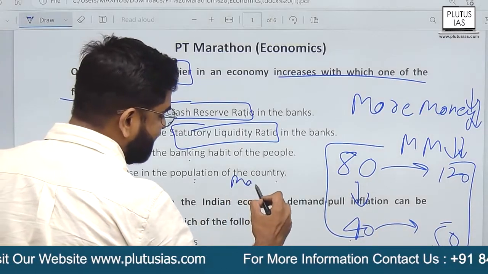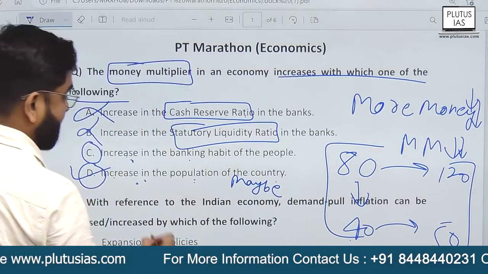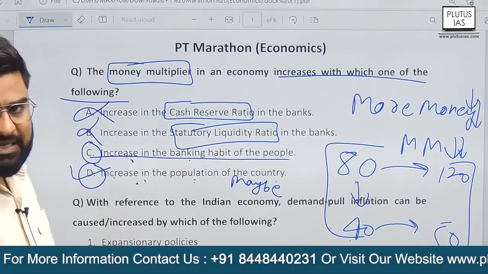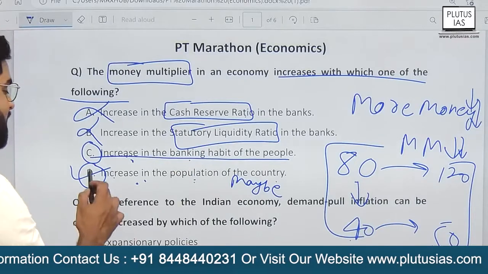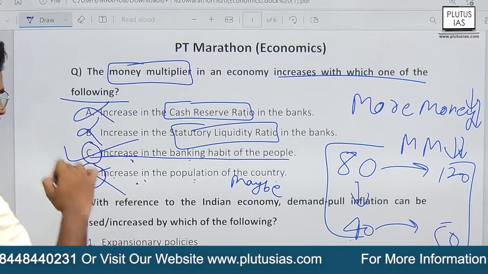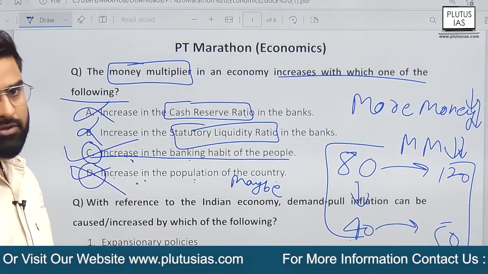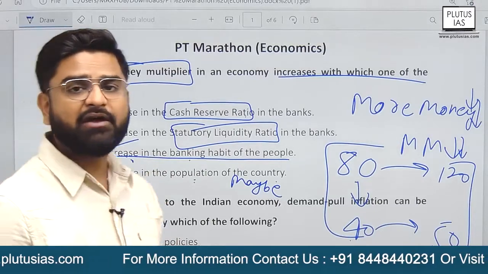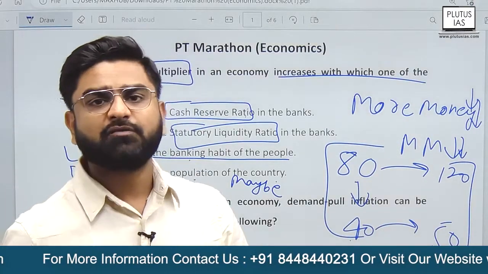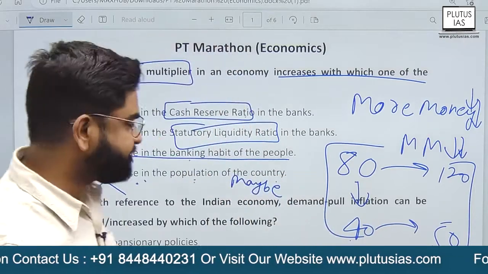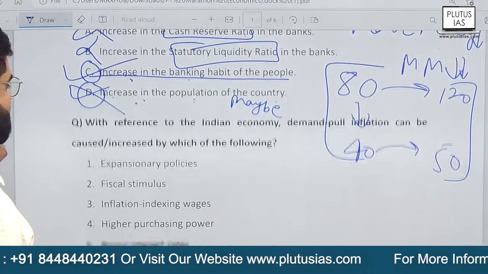It is a maybe concept, but this is certain: if the banking habit of the people increases, then of course MM will increase. So both may be right, but absolutely only C is right. So we will put a cross on D. D becomes your answer. Keep this in mind. The first rule that we have arrived at here is, if there is more than one answer which appears right, then you will select the rightest of all. Clear? Let's come to the next question then.